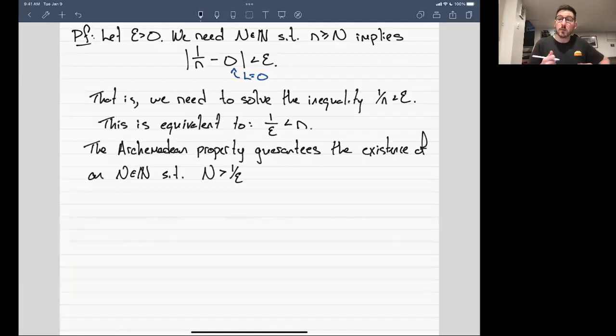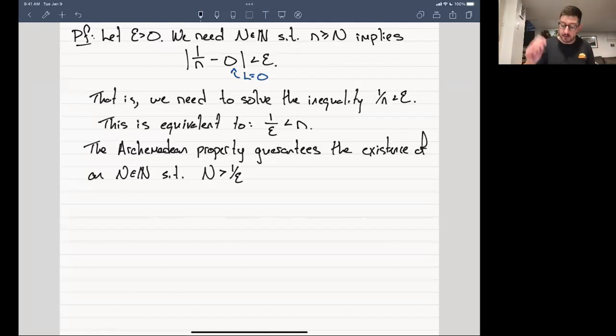Remember, that's what the Archimedean property says. It says if you have a positive number, no matter how big it is, no matter how small it is, I can always find a natural number bigger than it. So 1 over epsilon, that's a positive number. It could be 100 trillion or it could be 3. Doesn't matter. I can always find a natural number that's bigger than it.